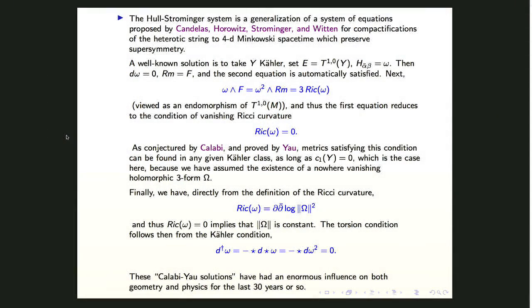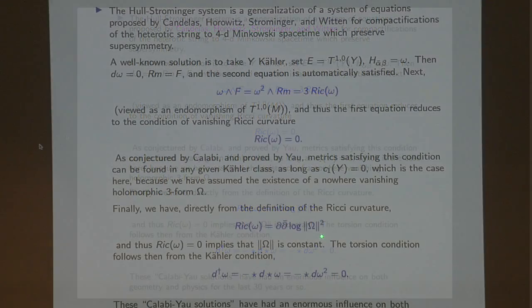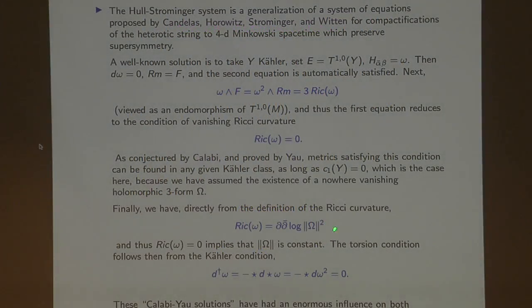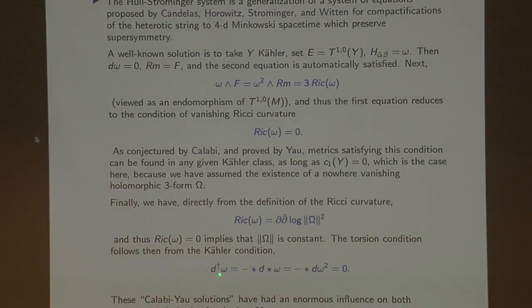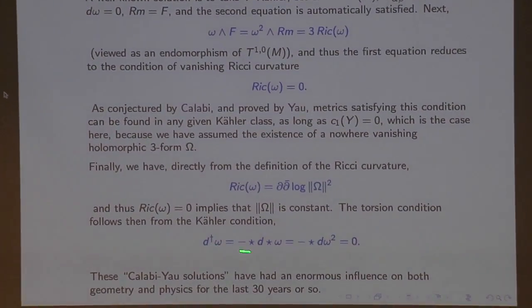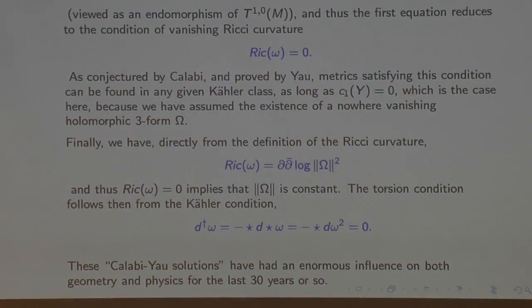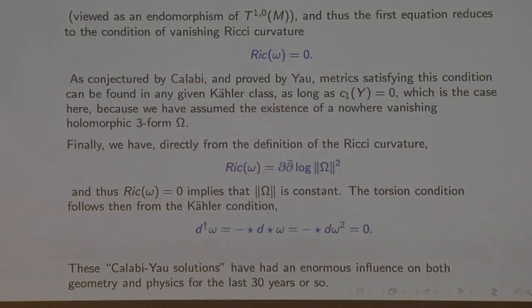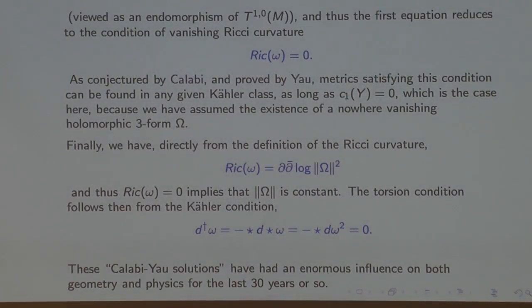And now finally, from the definition, the Ricci curvature is dd bar the log of a section, omega squared. And so this condition implies that this is constant. So if this is constant, it's rather easy to work out the d dagger omega, and you find that it is 0. So all three conditions of the Hull-Strominger system are satisfied.